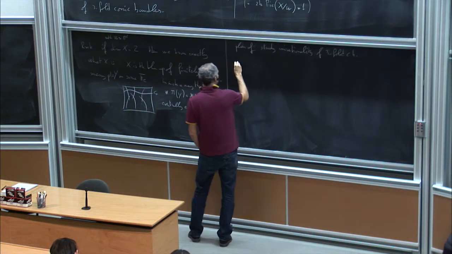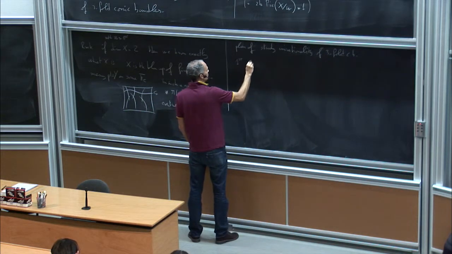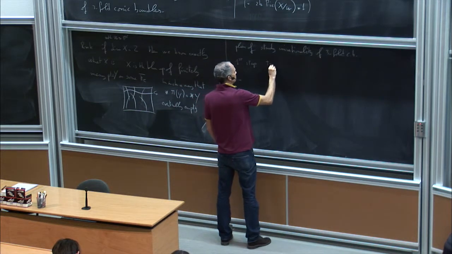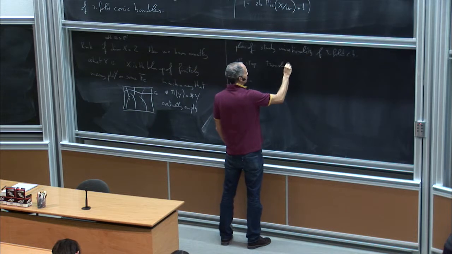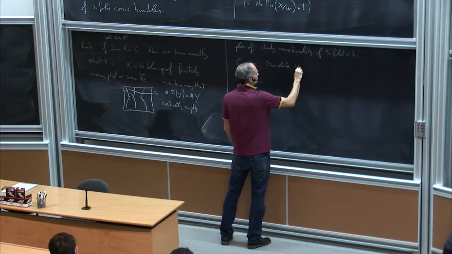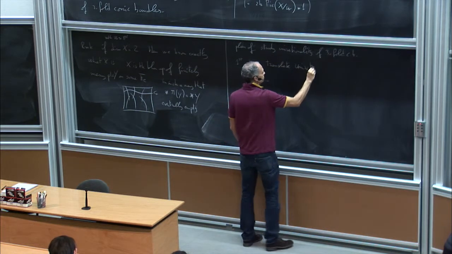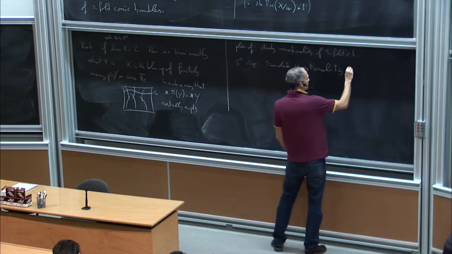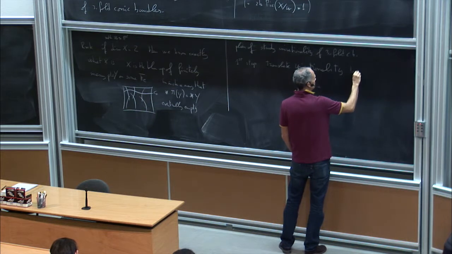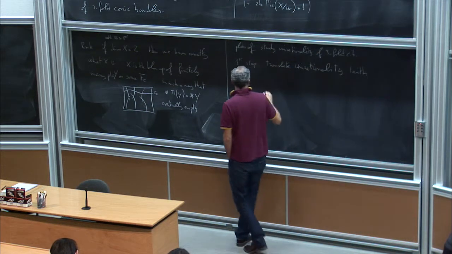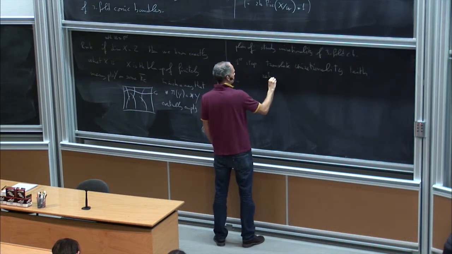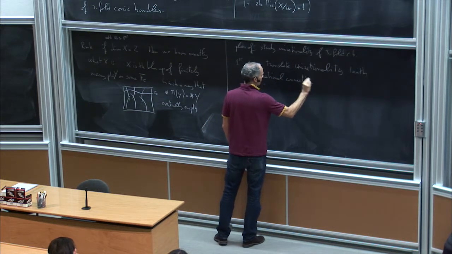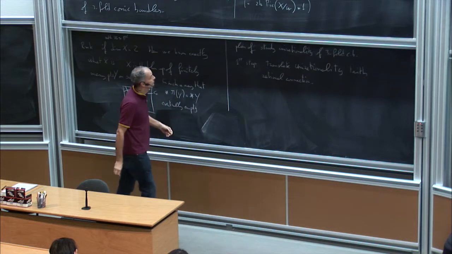So the first step is the following. So translate unirationality with rational connection, okay, and that's what we are going to do now.